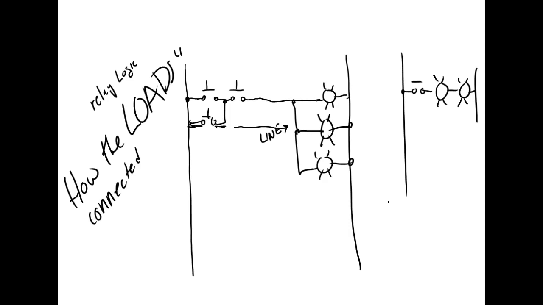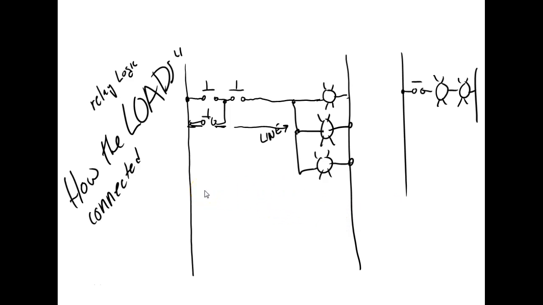So these are the rules for ladder logic. We're basically looking at the second page, the back, which is the rules for what? This is the rules for PLC programming. So what does the first rule say?